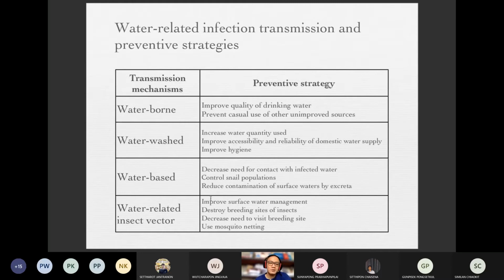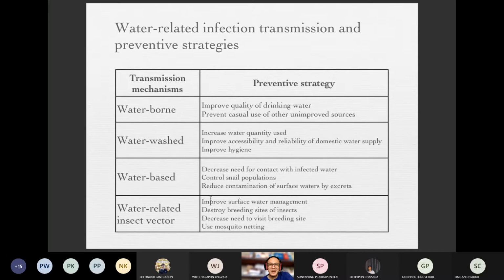For the second transmission mechanism, how could we prevent disease transmitted due to these mechanisms? We can increase the water quantity used. 200 liters per capita per day is quite sufficient, but if you use only 50 liters per capita per day, it's very questionable, because you use too little water, much less than the average.